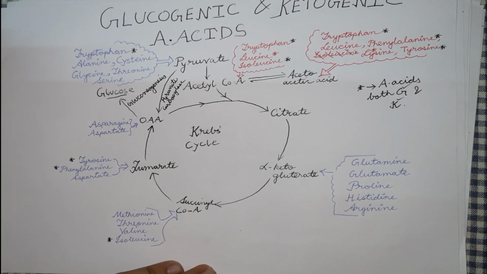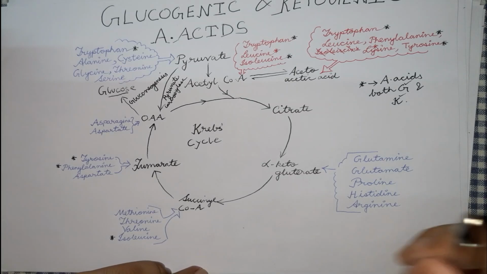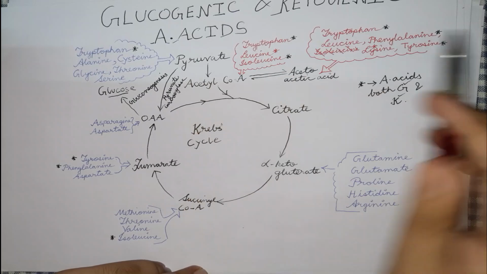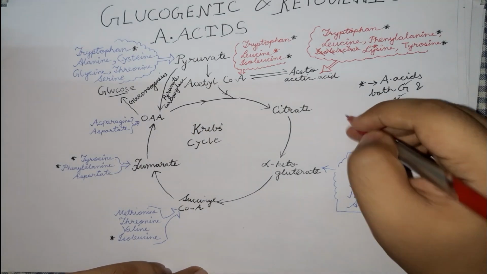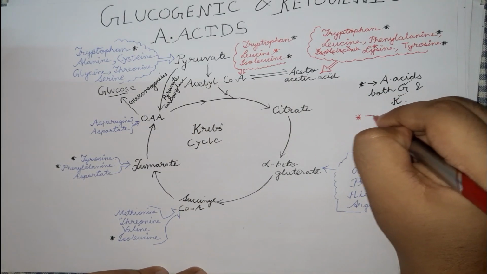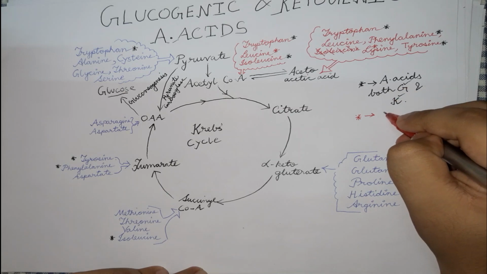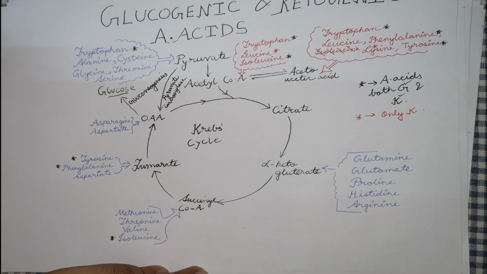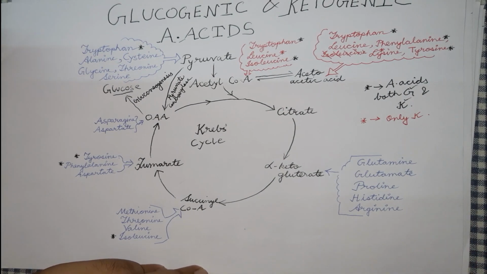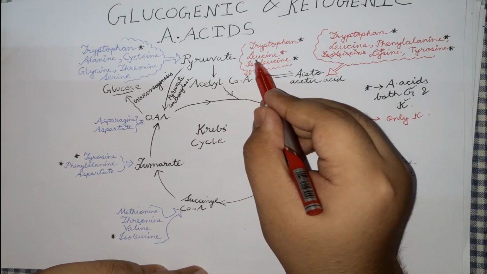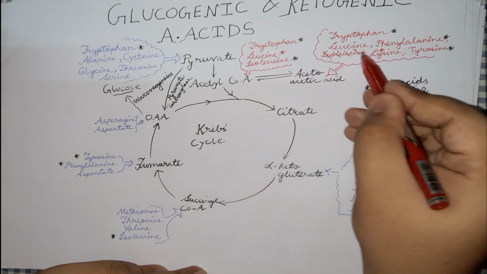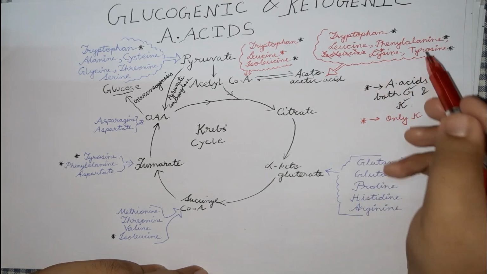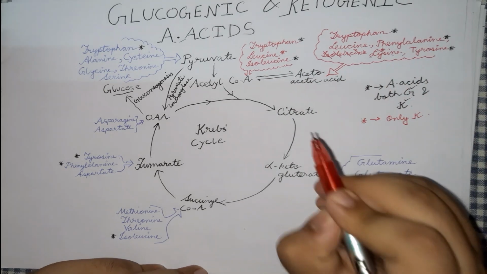Now there are also some amino acids like leucine with a red star. So what does that imply? The red star implies only ketogenic. All right, only ketogenic. So that we have for leucine here and lysine here. So leucine and lysine are the only two amino acids which are only ketogenic.